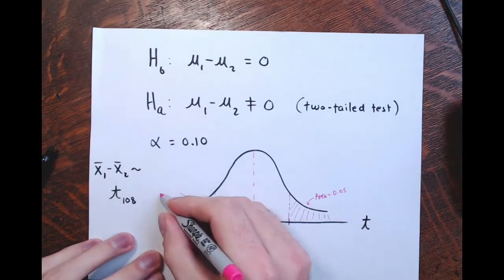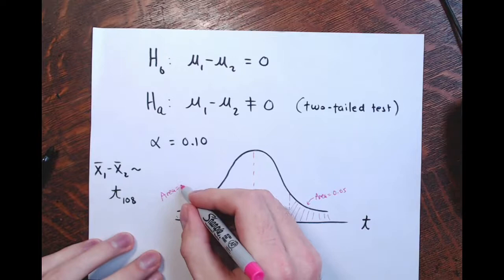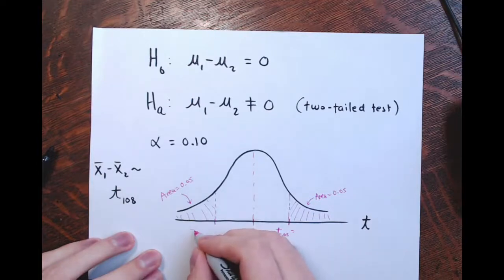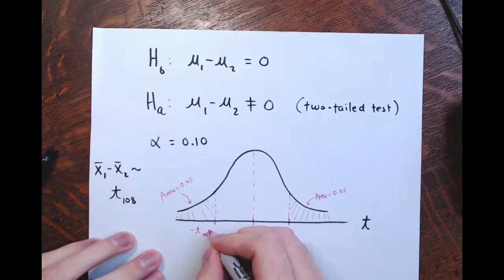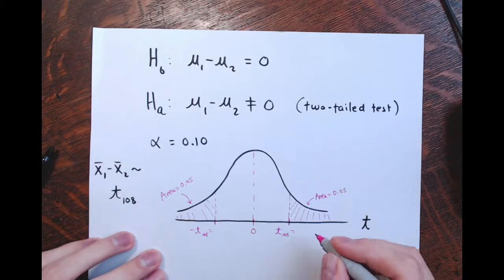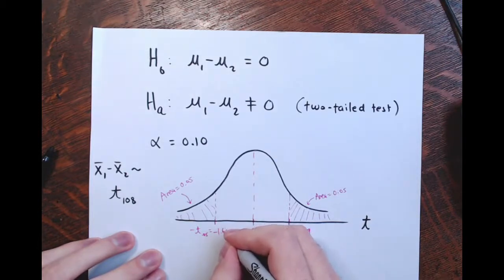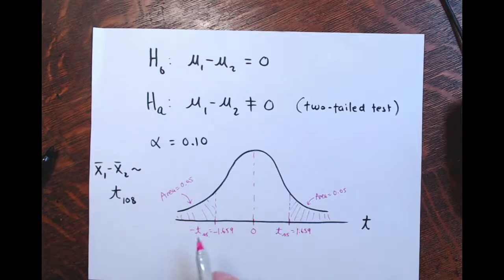This area over here is the same, 5%. So that's why the two scores they gave us were t 0.05 and the opposite of that. And they were given to us as 1.659 and negative 1.659. So there's our rejection regions.